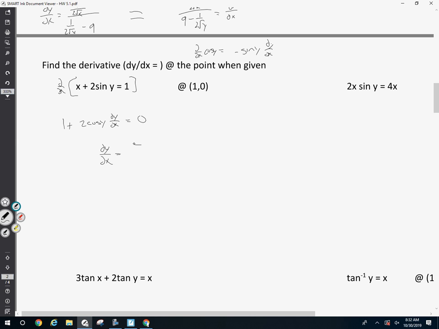Subtract the 1, divide by the 2 cos y. I won't show all the steps there. At 1, 0, negative 1 over 2 cos 0, cosine at 0 is 1. Okay, cool.